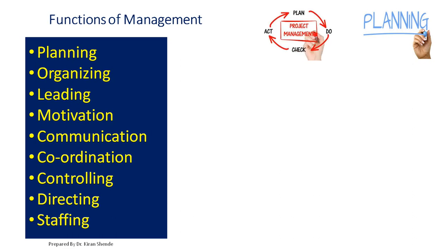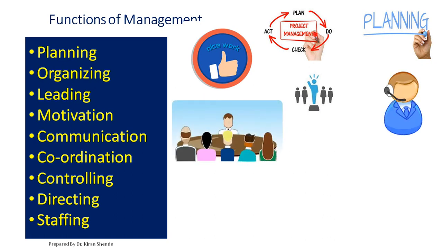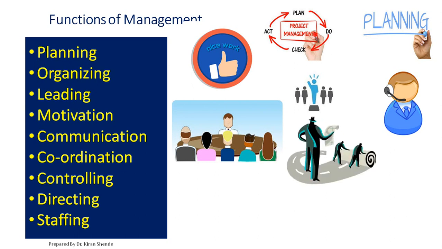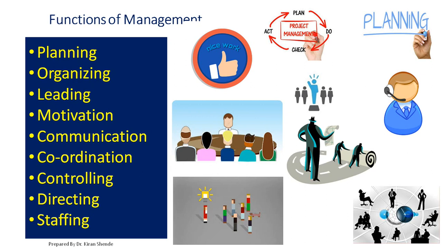A good manager should be a very good organizer, should be leading from front, should be motivating enough their subordinates, should be communicating well with the subordinates, should be capable enough for effective coordination with people, should be capable also enough to have proper control over the staff, should be capable enough as a good director, should be directing well the staff, and skillful enough to allocate the correct person at the correct job by having a very good staffing.